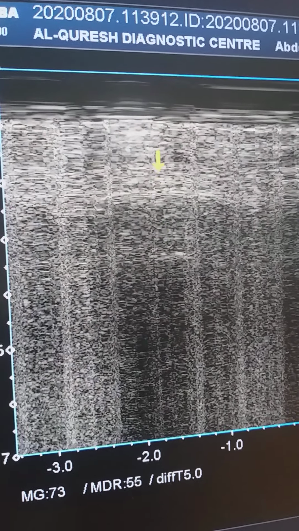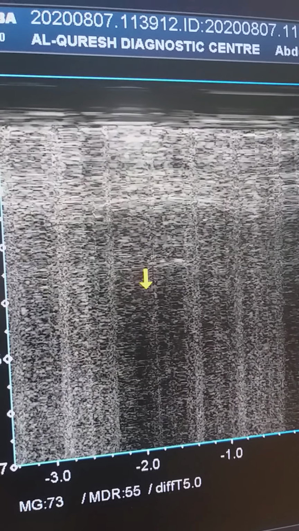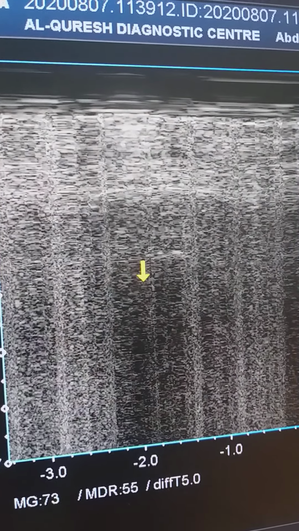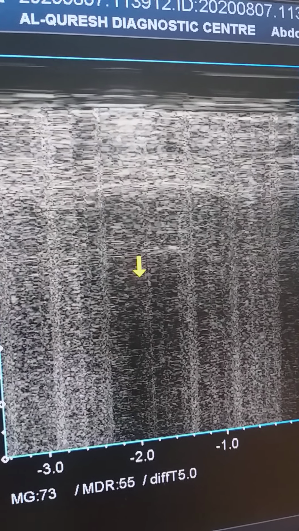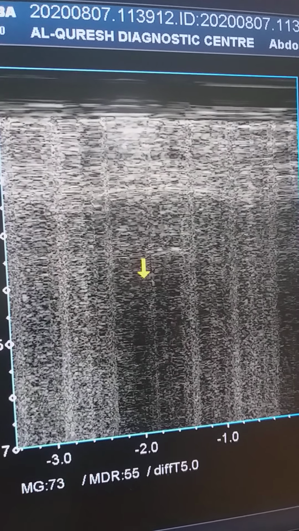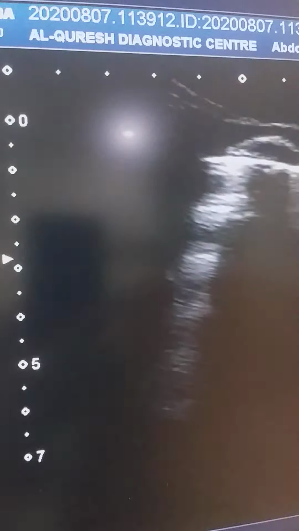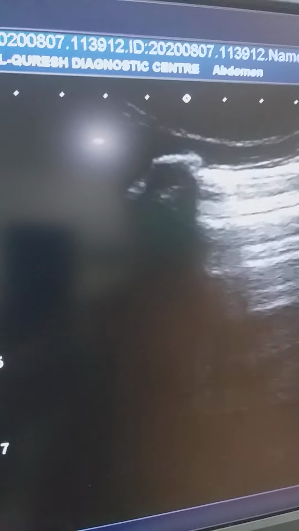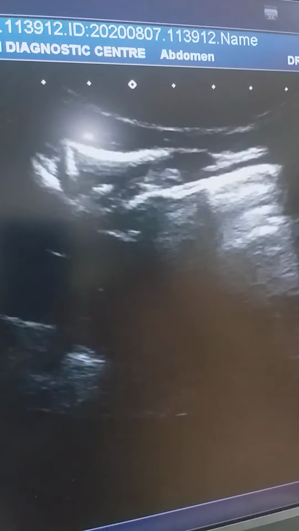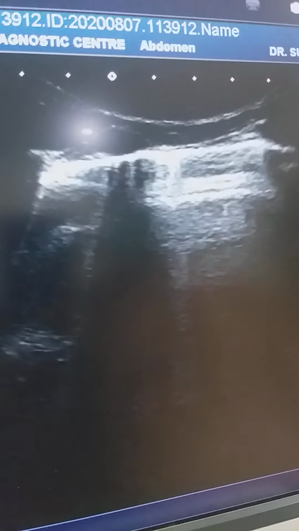So if this type of picture is present, then we can definitely say that no pneumothorax is present. So two points are here to exclude the pneumothorax.